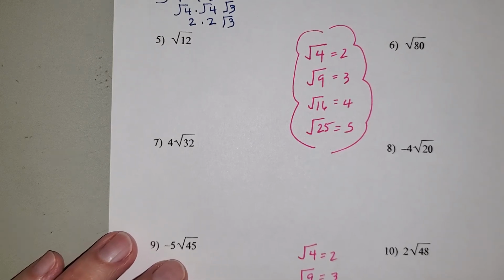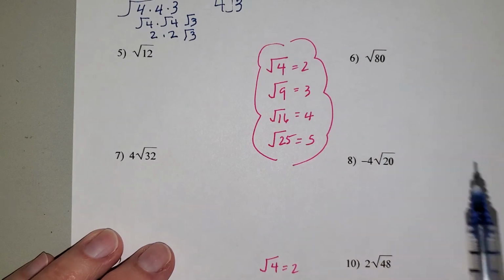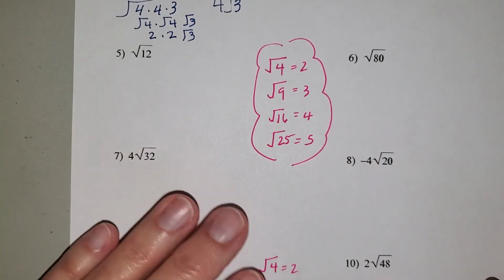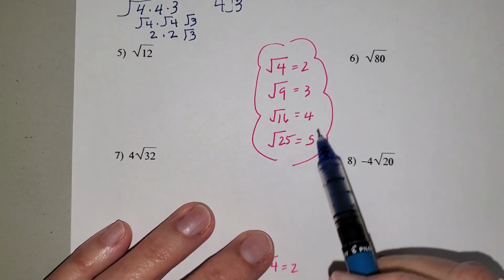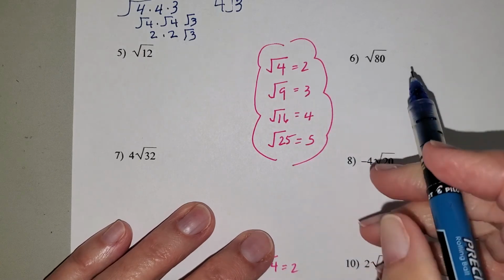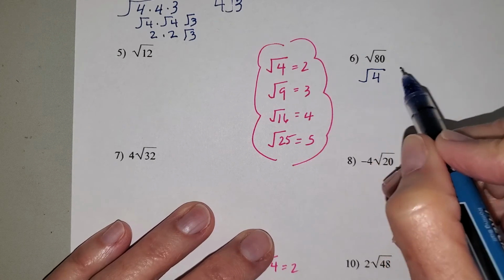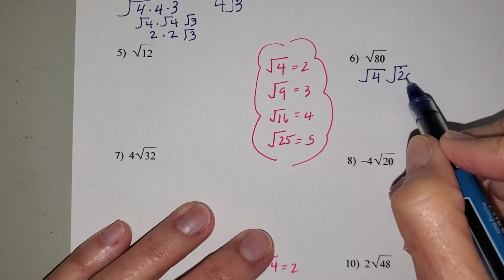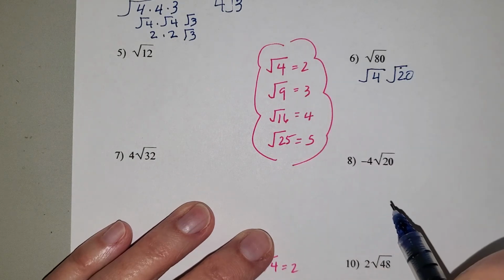We already did 12. I won't do that one. Let's look at this one, the square root of 80. Again, there's lots of ways to multiply to 80, but we only want to use the factor that's a perfect square. For example, does 4 go into 80? Yes, it does. So we're going to write this 4 times 20, right? That's 80. Can we factor 20 using a perfect square?